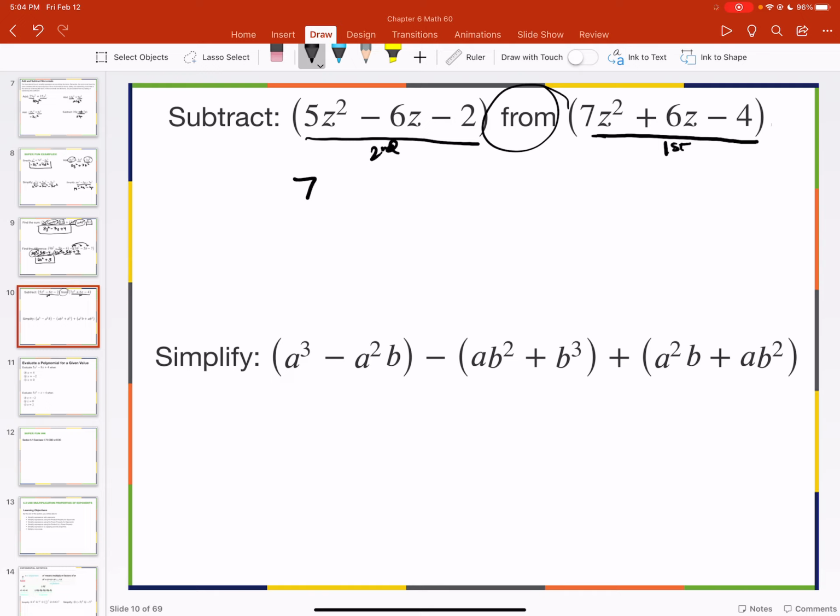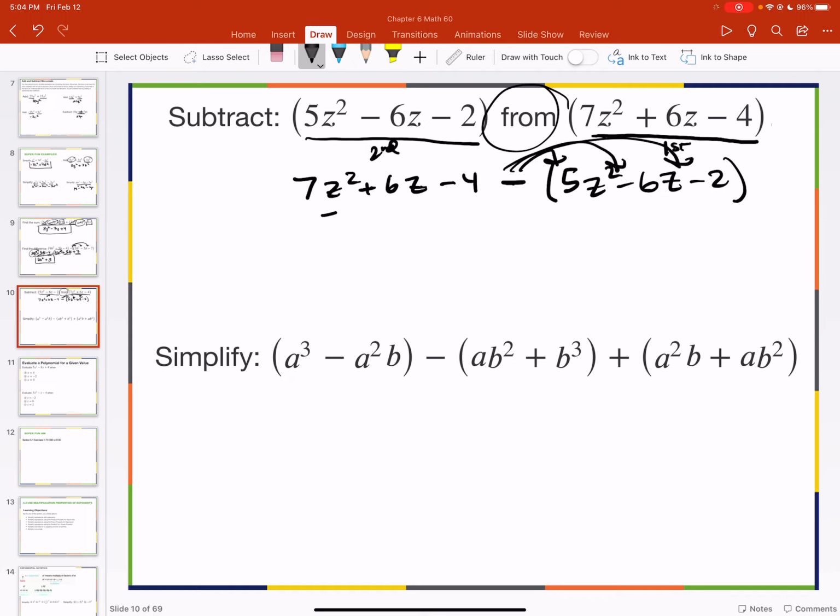So 7z squared plus 6z minus 4, and then we're subtracting 5z squared minus 6z minus 2. And then we distribute that. 7z squared plus 6z minus 4 minus 5z squared plus 6z plus 2, right? Because we're distributing the negative.